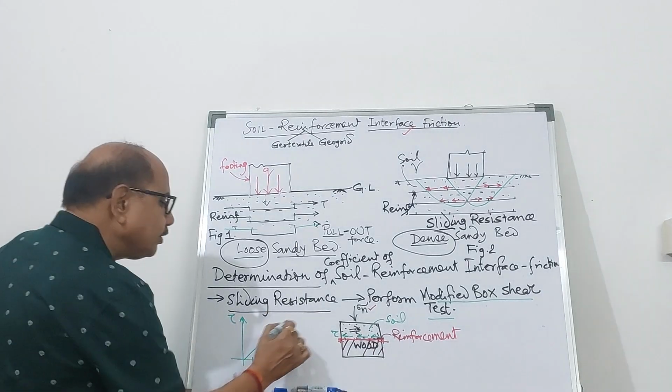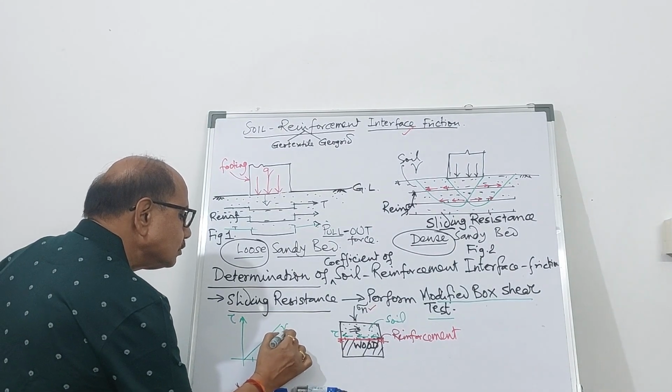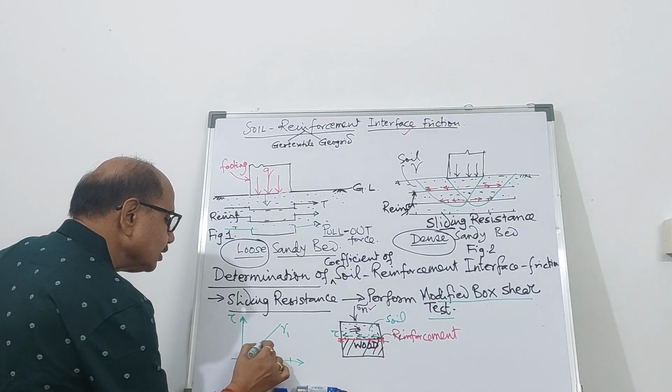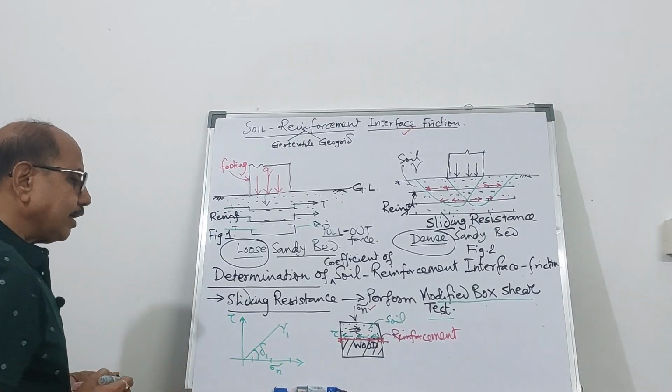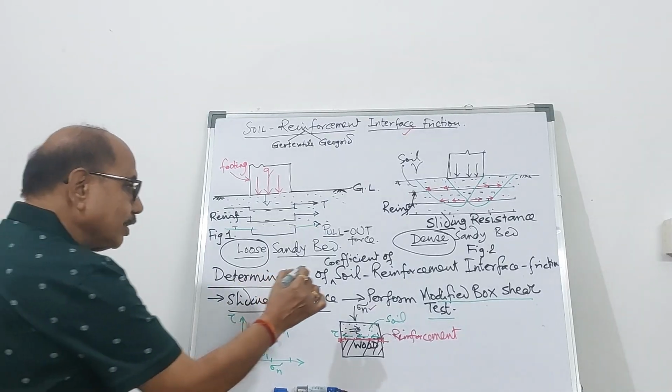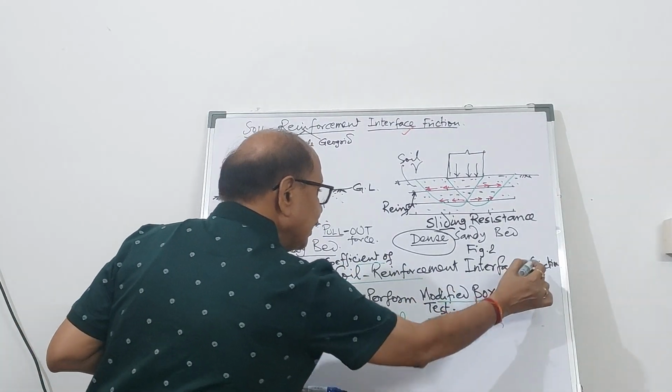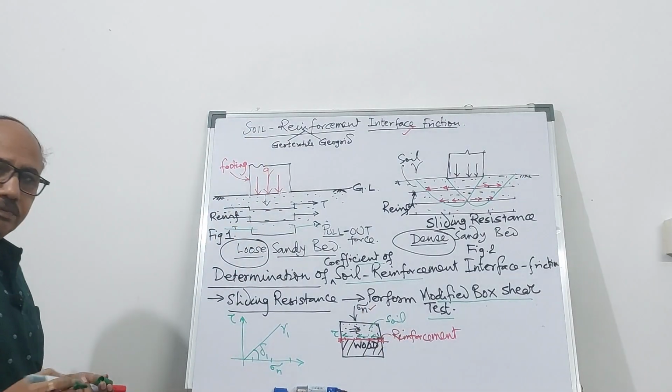Let's say the unit weight is gamma 1. So this inclination is going to give you delta 1, which is called the coefficient of soil reinforcement interface friction.